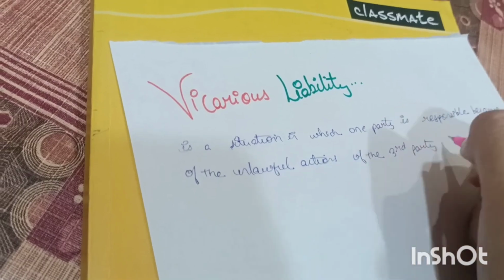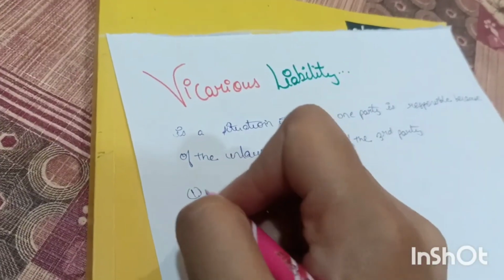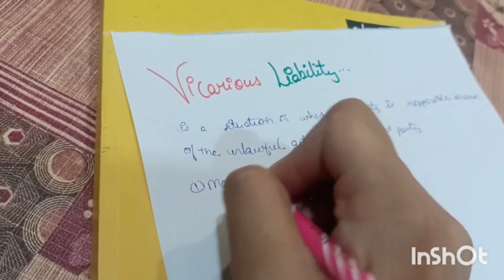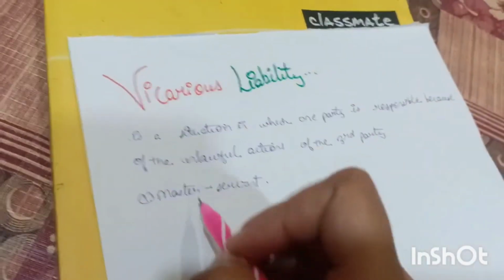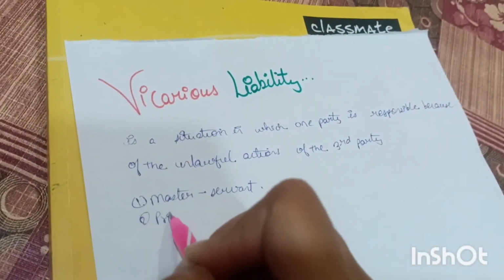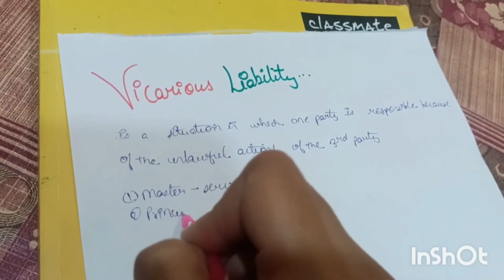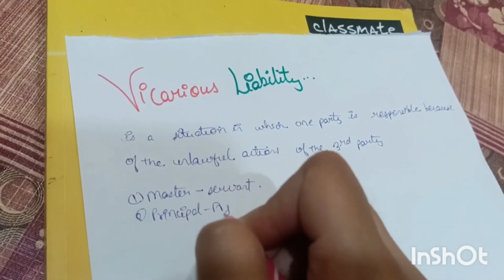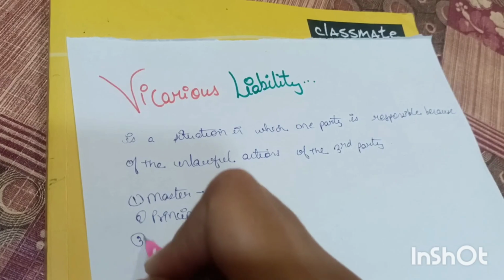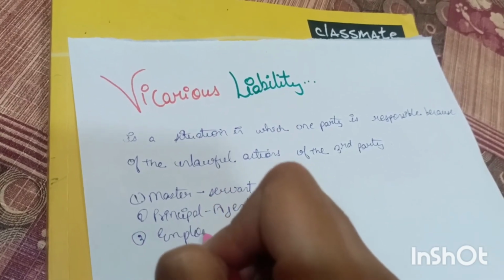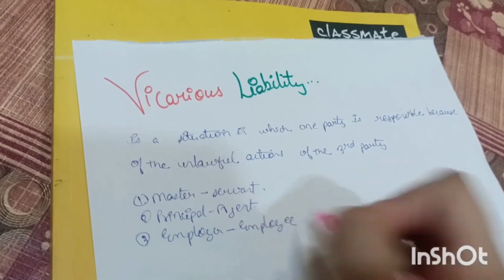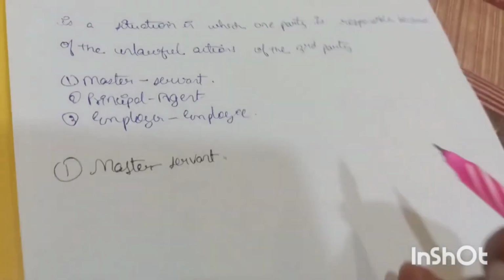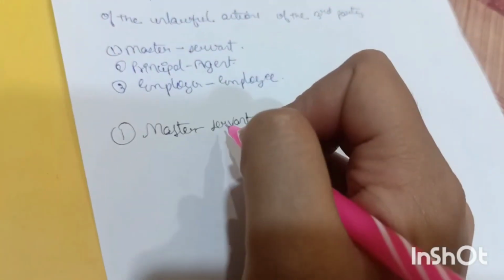There are some situations. The first one is master servant, the second one is principal agent, and the third one is employer or employee. Now let's study first the master and servant relation.